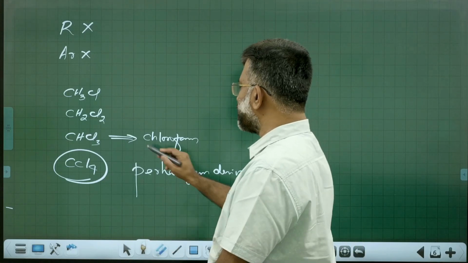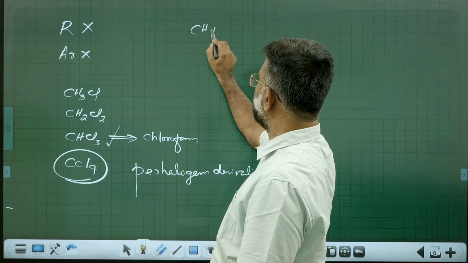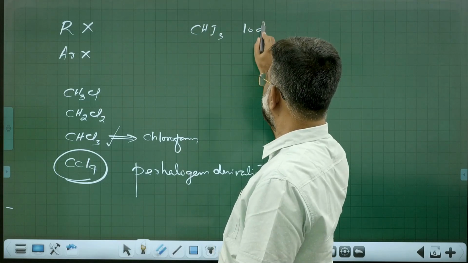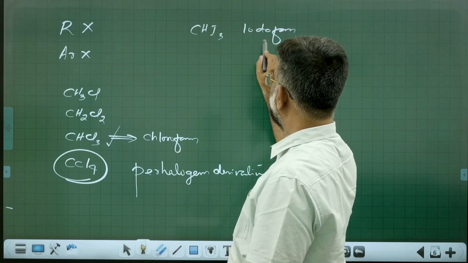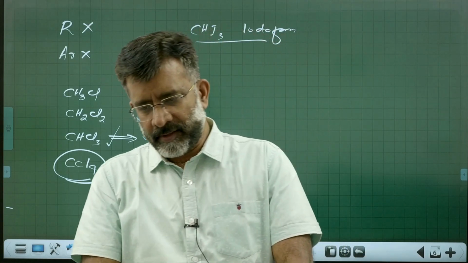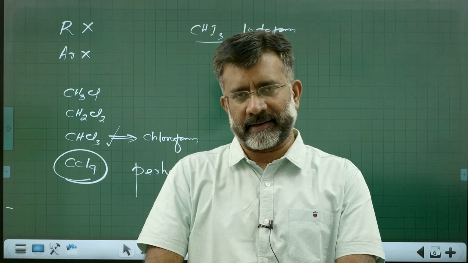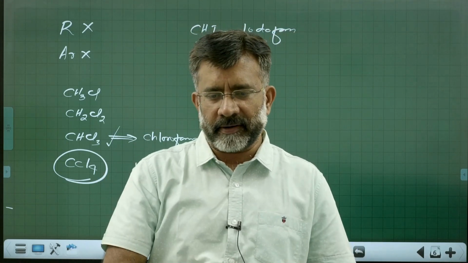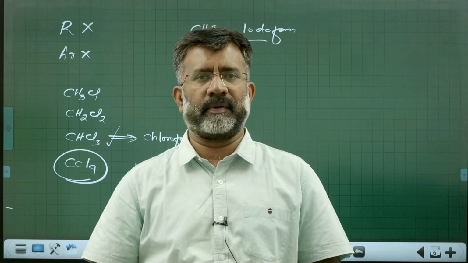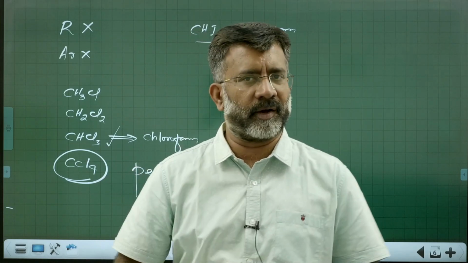Some of the compounds are very famous, like chloroform, like iodoform, they are all famous, popular compounds. Okay, so that is one category. Based on the number of halogen atoms, we can have a category. Based on whether an aliphatic group or aromatic group is connected, we have alkyl halide and aryl halide.